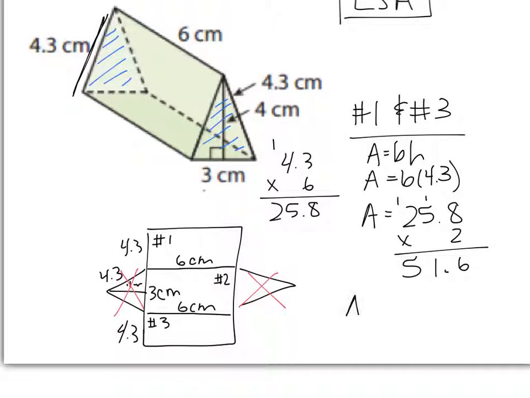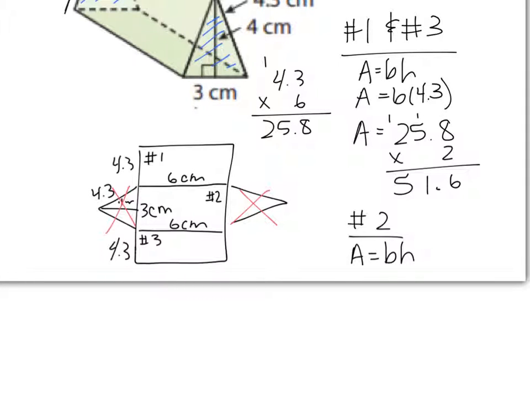And then for number 2, area equals base times height. Area equals 6 times 3. Area equals 18 centimeters squared.